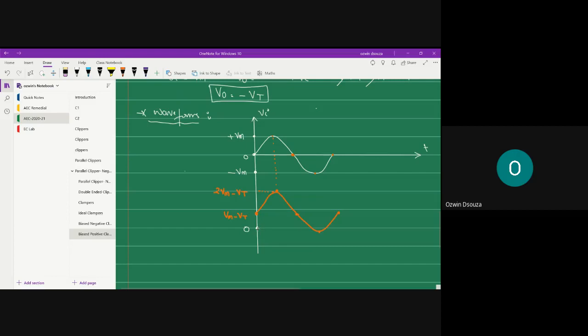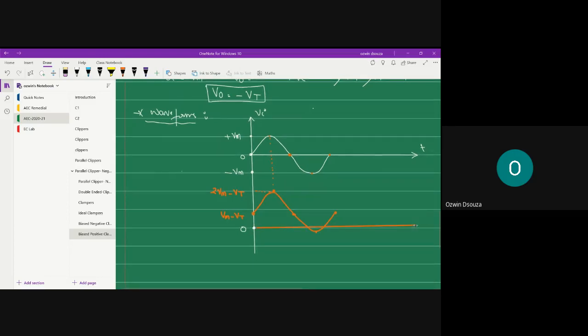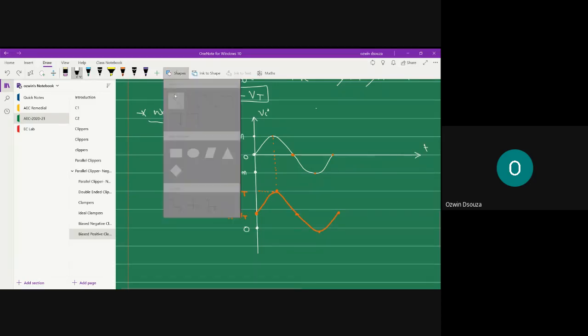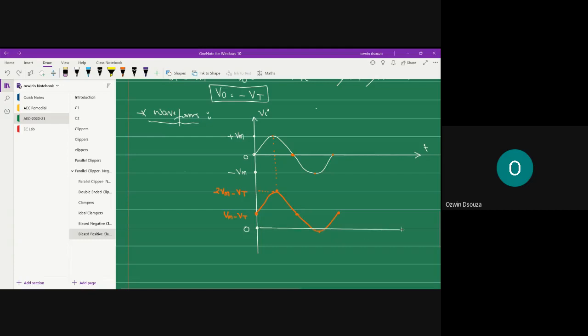Now let me just draw the axis. Let me use the white color. This is your axis. Now you can clearly observe that your waveform is getting shifted in which direction? Upward direction or downward direction?